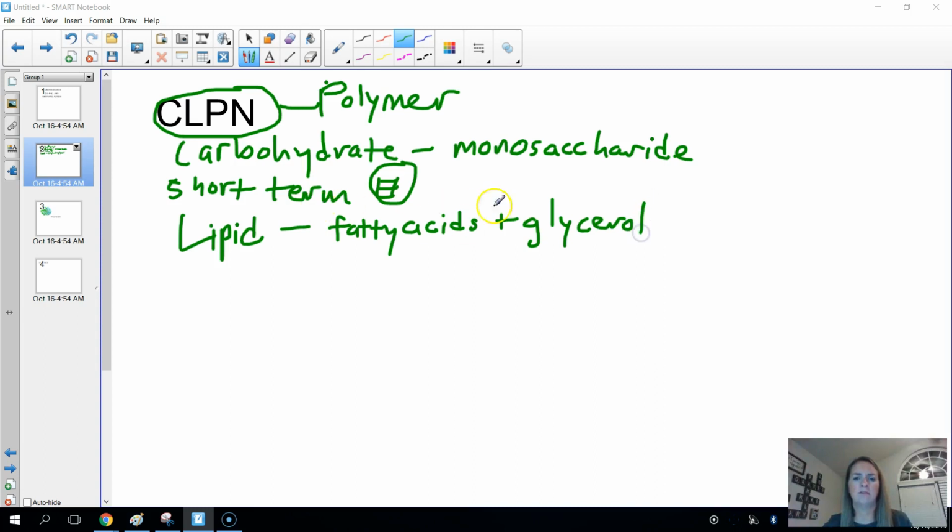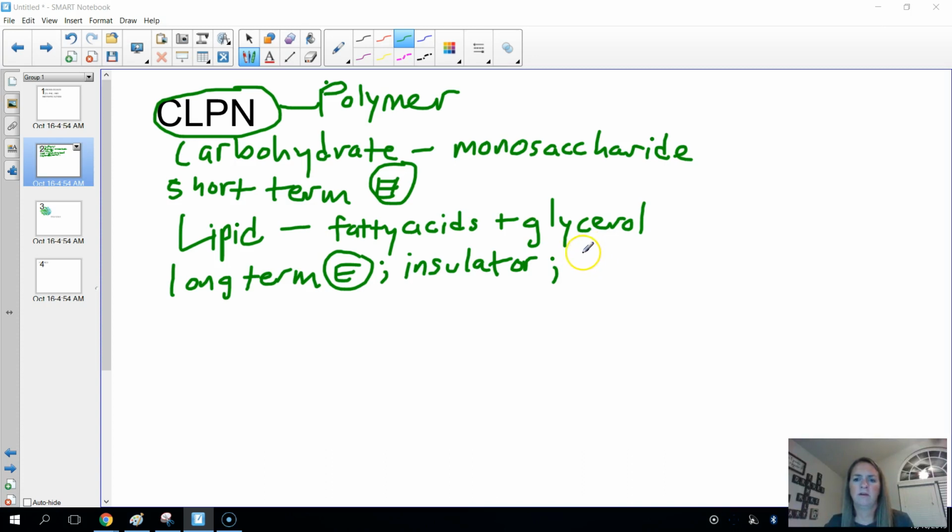So these are molecules that combine together in a variety of ways to form different types of lipids. And lipids are long-term energy. They're also a good insulator, we've talked about. And they also have a structural role.